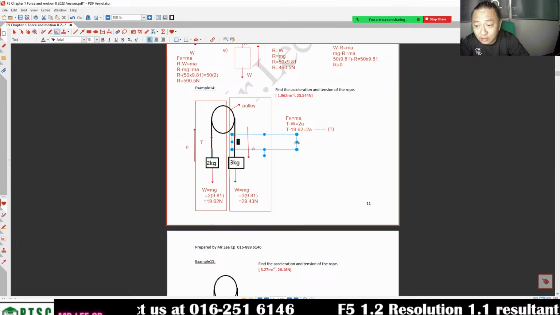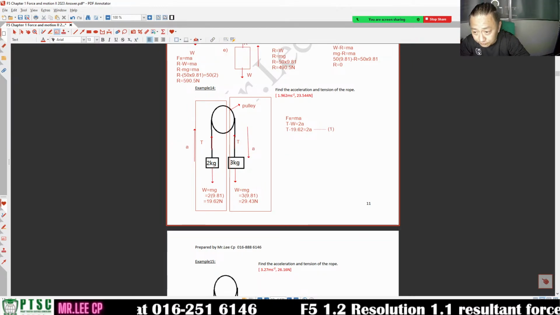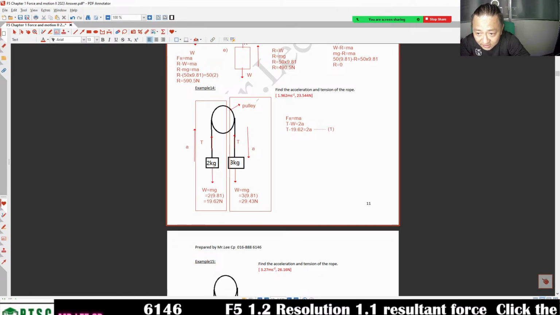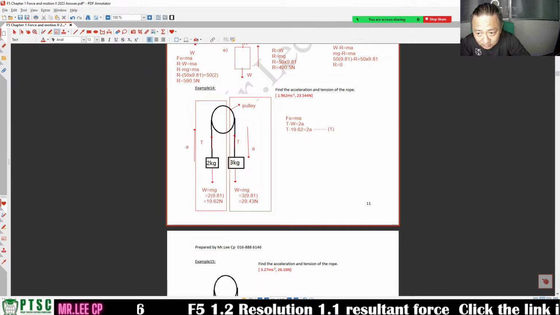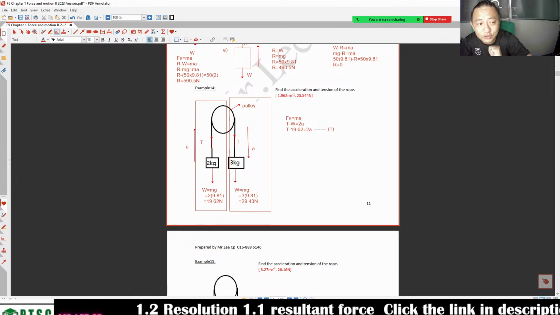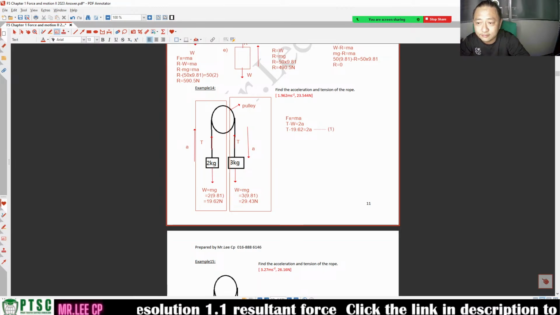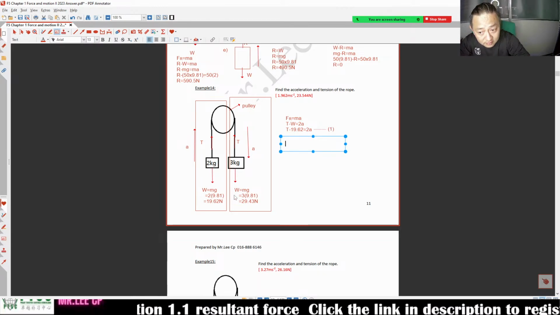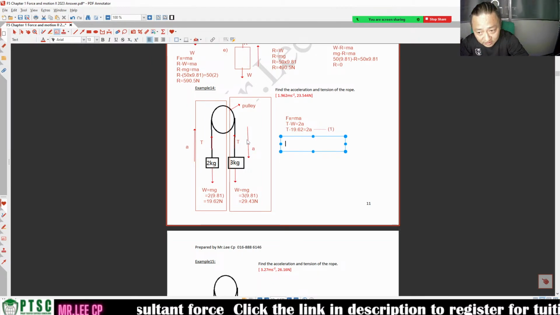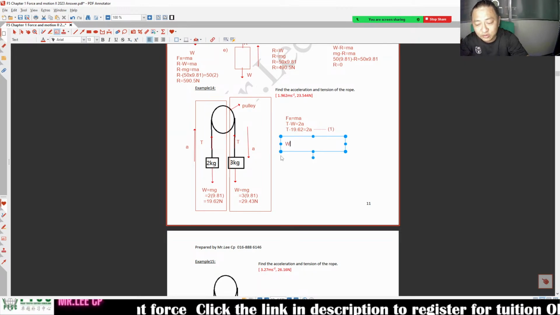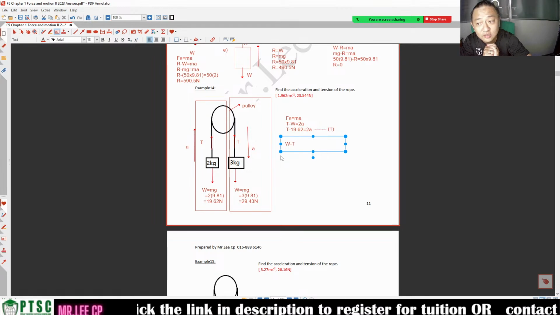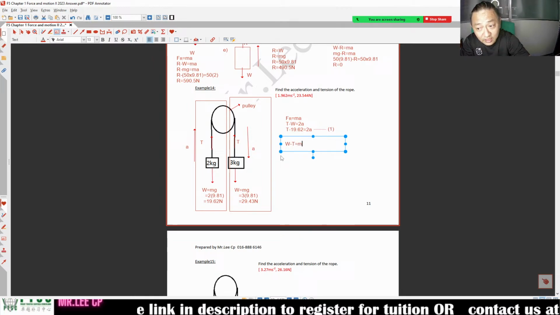Second equation, how to do it? Now I must go to the right hand side, this box. Left hand side, I have done it. Right hand side, which one is bigger? W is bigger, because it is going downward. W minus T, tension of the rope, is equal to MA.